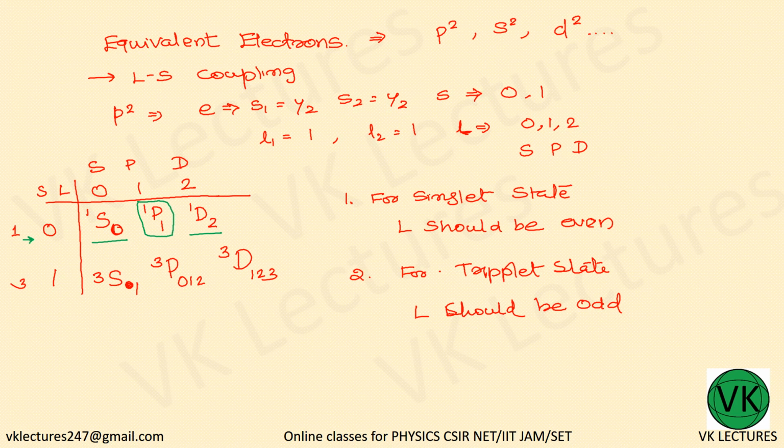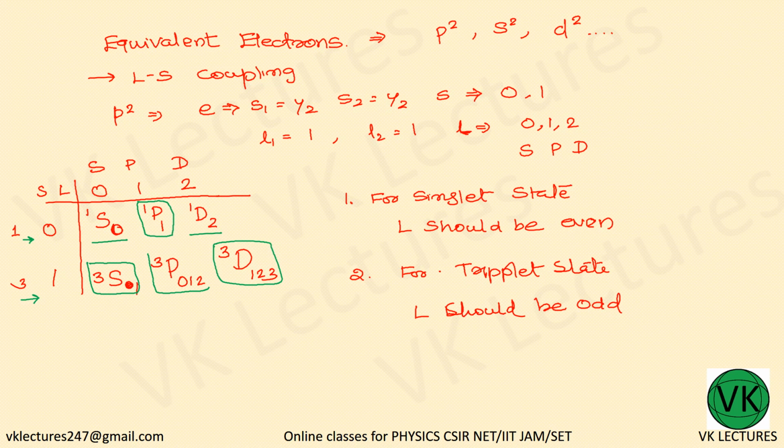And for the triplet state, L should be odd, so this is the triplet state and L has to be odd, only odd is 1, so only 3P will be there, and the others are not there.